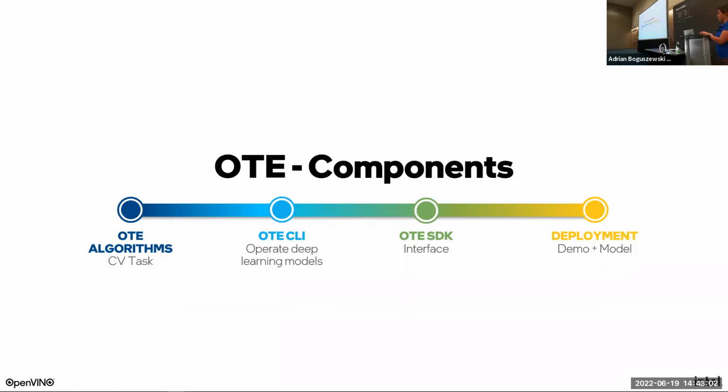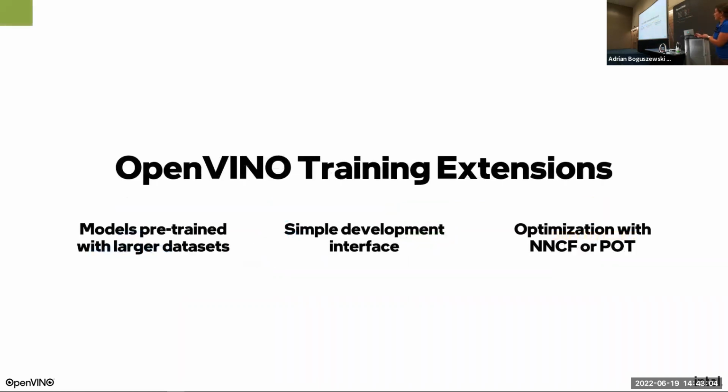So, we have three great messages here. OTE has models pre-trained with larger images, as I told you at the beginning. It's a simple development interface where you are able to do training, evaluation, validation, and deployment. And it also has optimization with NNCF and POT, which I hope all of you know about today.